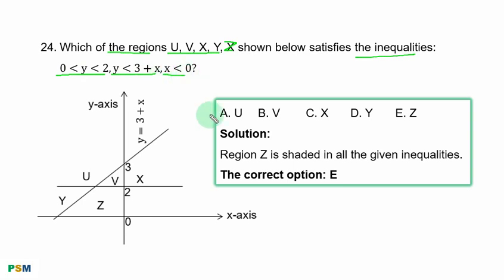Solution: region Z is shaded in all the given inequalities. If you shade this one, you will see that this region is shaded. If you shade the second inequality, this region is also shaded. If you shade the third one, this region is also shaded. So the correct option is E.